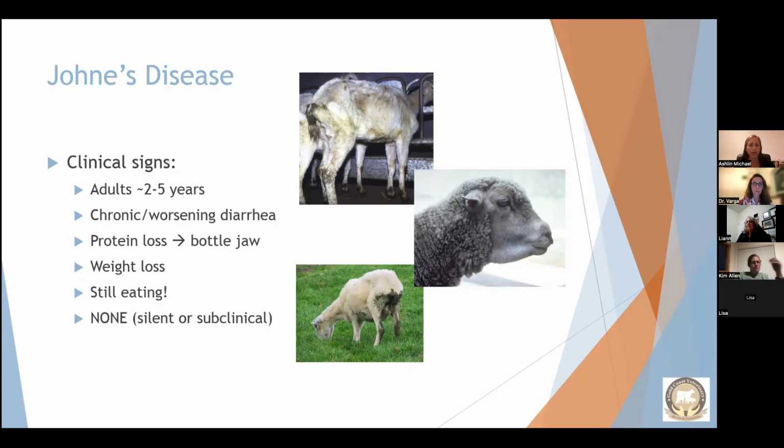With the diarrhea and the effects to their intestines, they can get protein loss, and that can lead to bottle jaw, which in the picture on the right of the sheep, is the swelling under their mandible. There can be weight loss, but they are often still eating and have a good appetite. Sometimes you might not see any clinical signs, so there can be a silent or subclinical form.